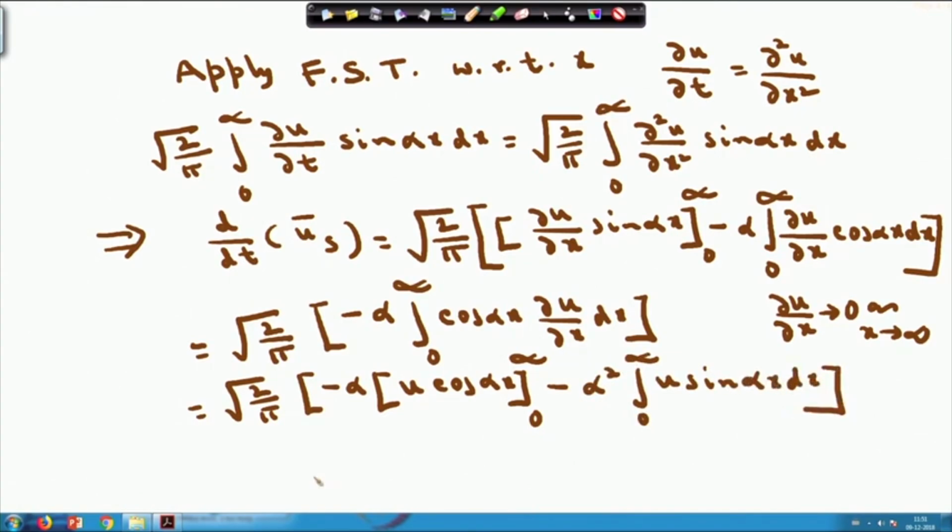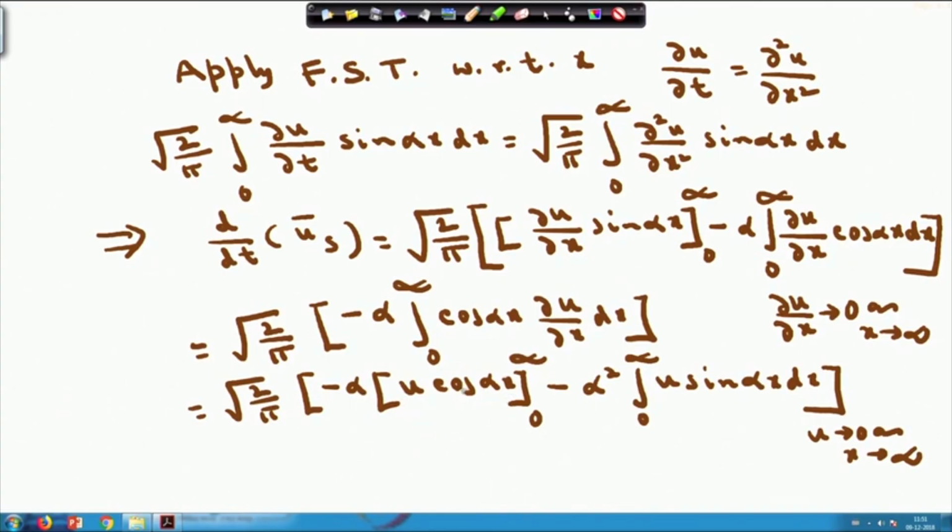So, after integration by parts you will obtain this. Please note that u approaches 0 as x approaches infinity, and also the value is 0.